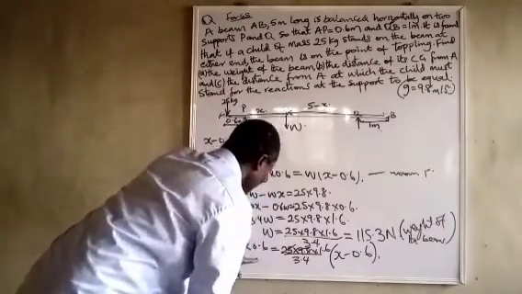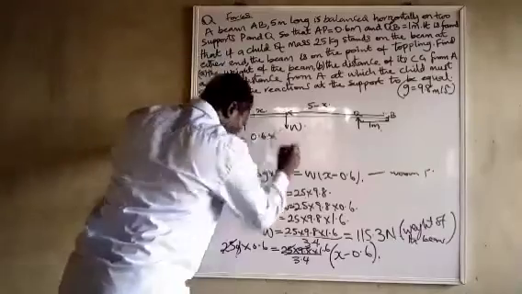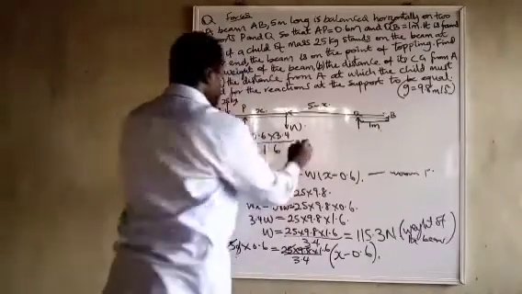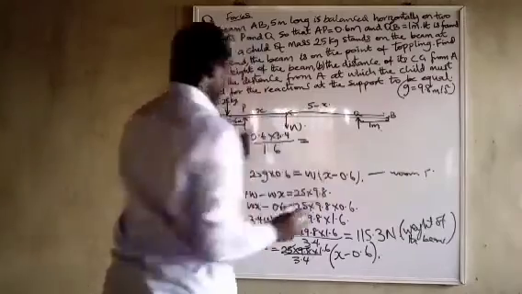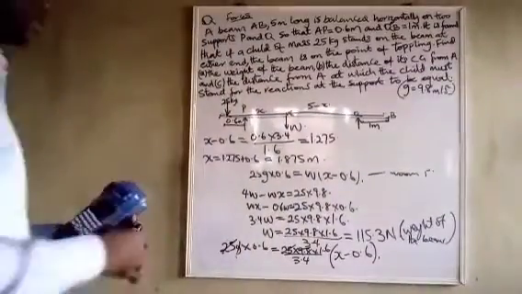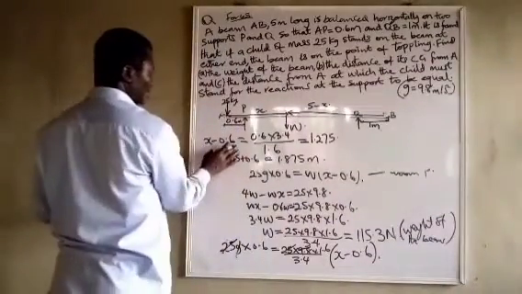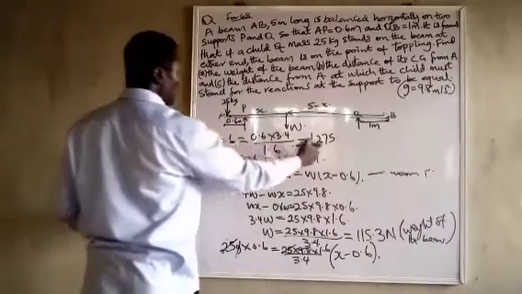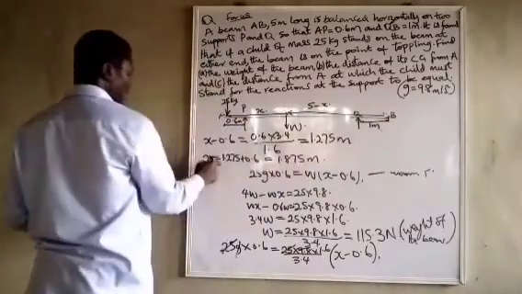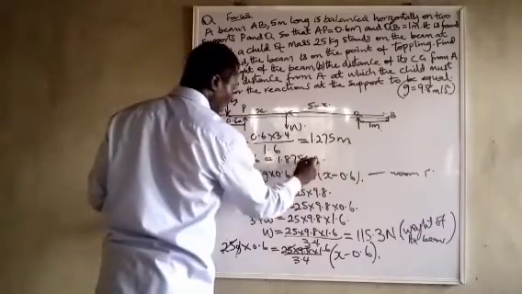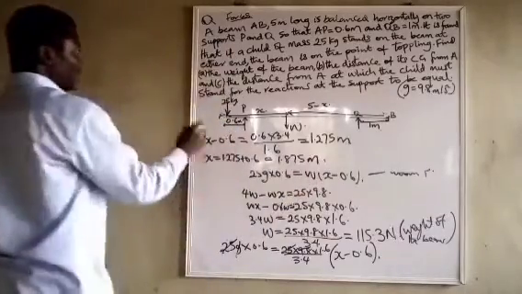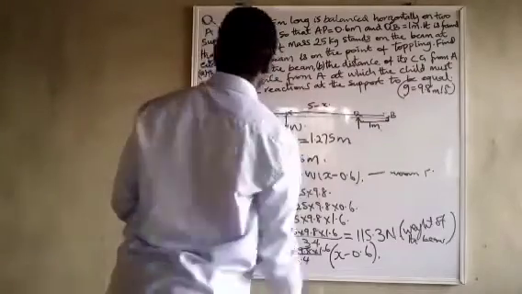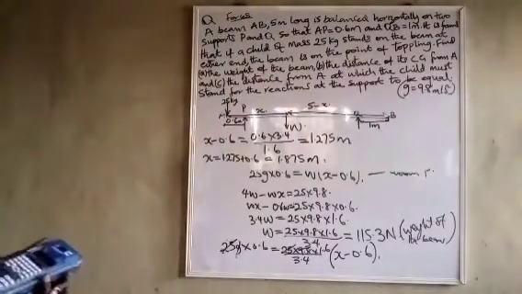So x minus 0.6 will now be 0.6 times 3.4 over 1.6. After cutting it here, I brought x minus 0.6 up here. So I have been able to get x minus 0.6 as 1.275 meters. So x equals 1.275 plus 0.6, that is 1.875 meters. So we have gotten two of the three questions: the distance of the CG from A and the weight of the beam.